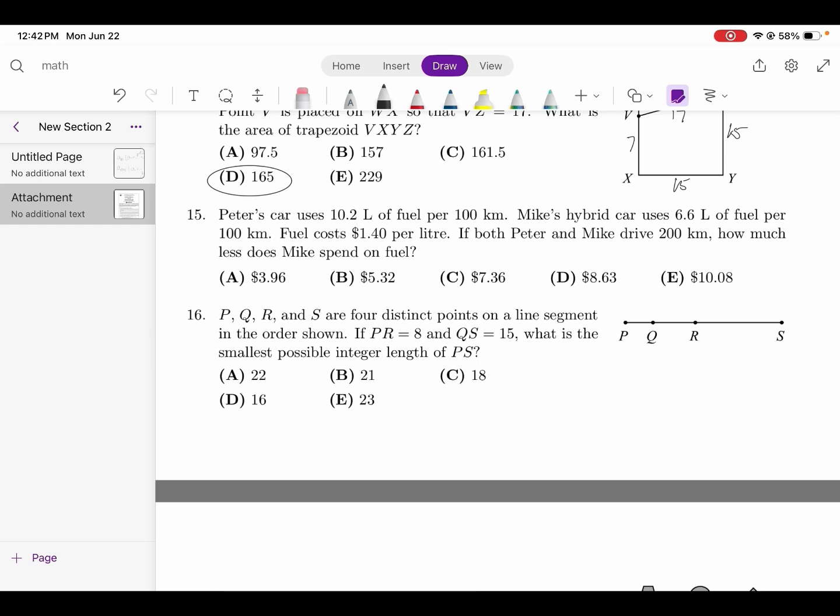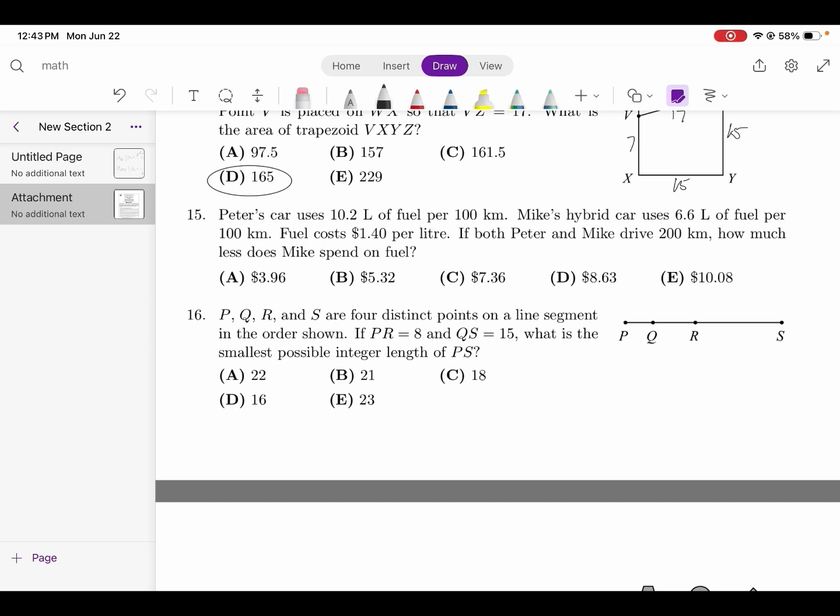Okay, question 15. So Peter's car uses 10.2 liters of fuel per 100 kilometers, and Mike's uses 6.6 liters per 100 kilometers, and fuel costs $1.40 per liter, and they both drive 200.